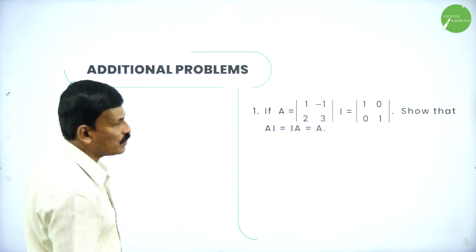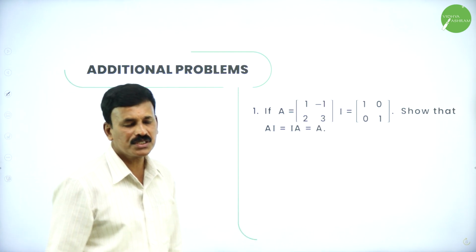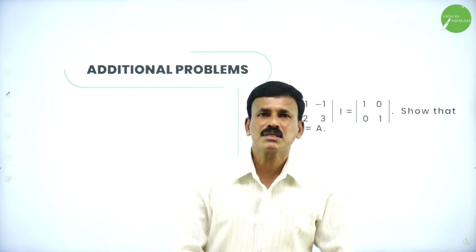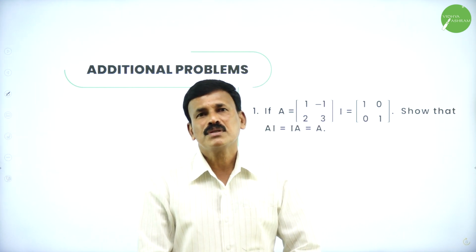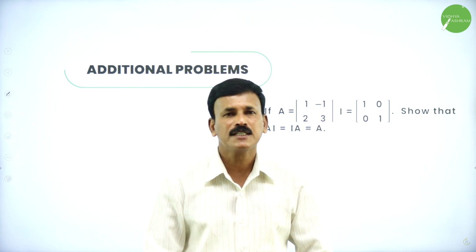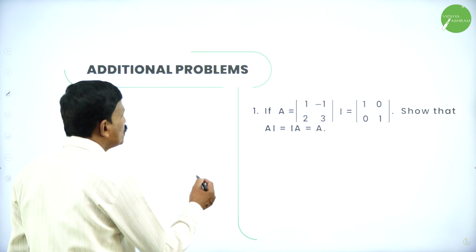Some additional problems, based on whatever we have discussed in the previous classes like addition, subtraction, scalar multiplication, matrix multiplication, symmetric and skew symmetric. Now what is the problem given?